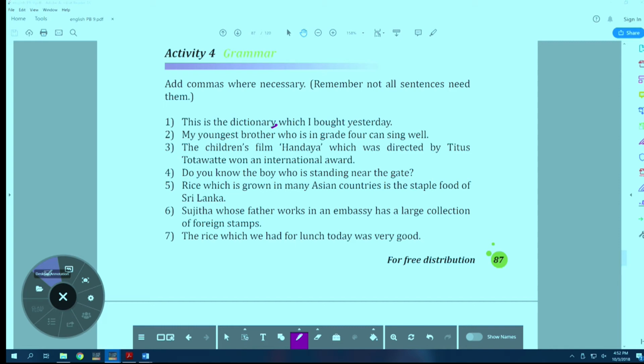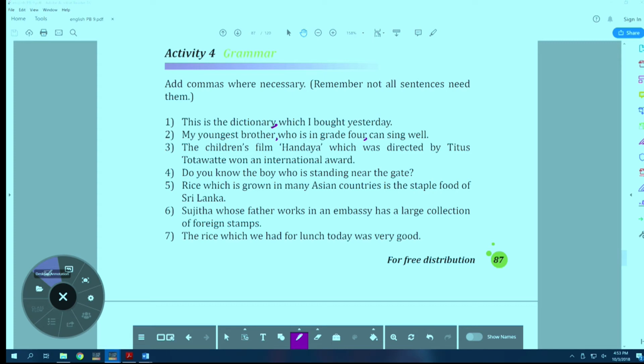My youngest brother who is in grade 4 can sing well. You can use commas: my youngest brother, who is in grade 4, can sing well, if you think that "who is in grade 4" is a non-essential thing, if you are going to make the second one a non-defining clause.